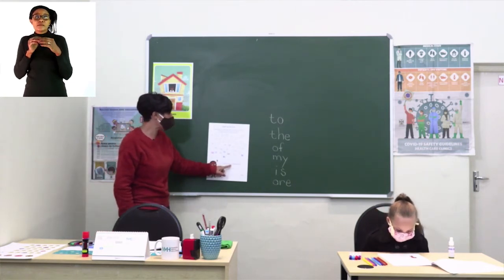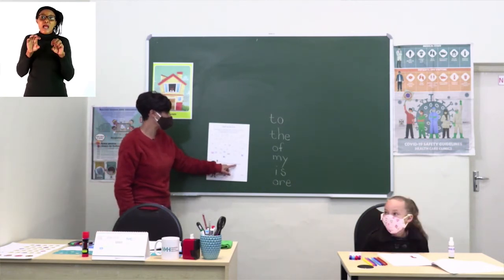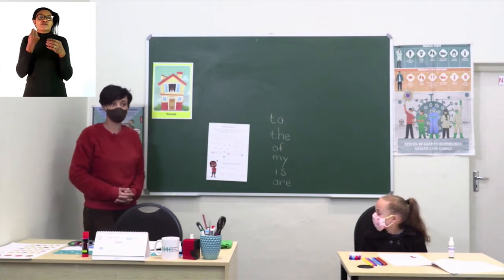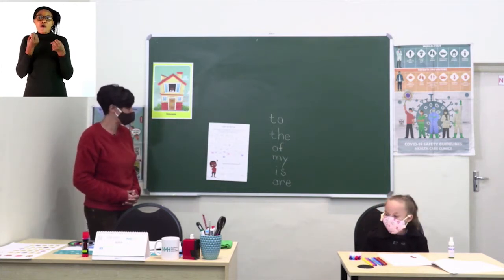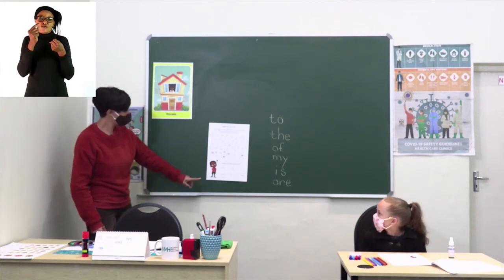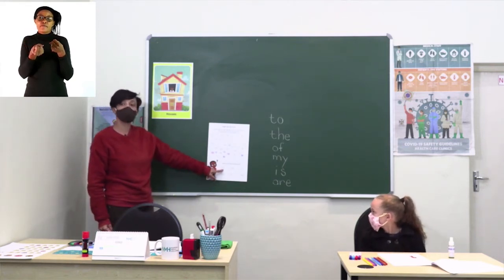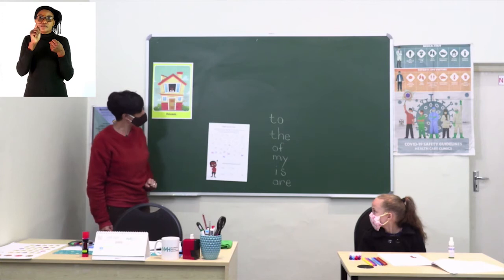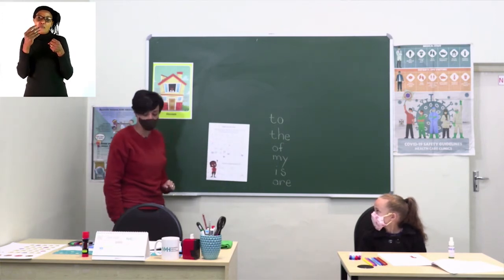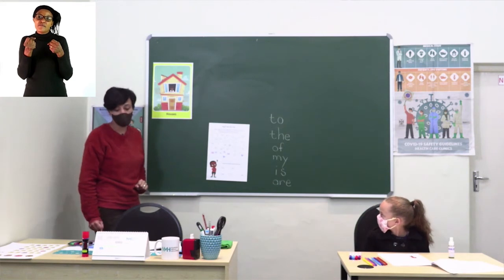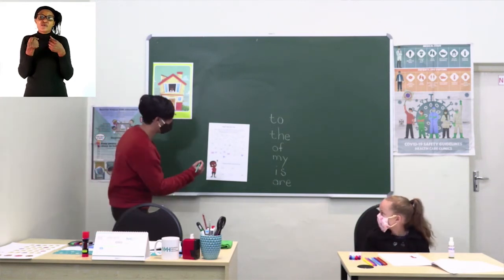How many of each word did you find? So let's look at the word to. How many twos do we have here on top? We have 5.